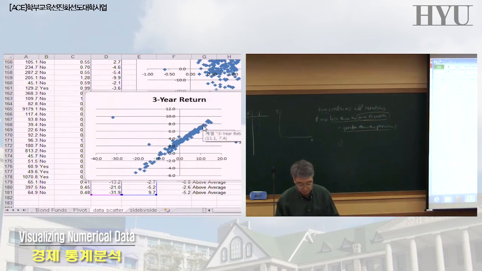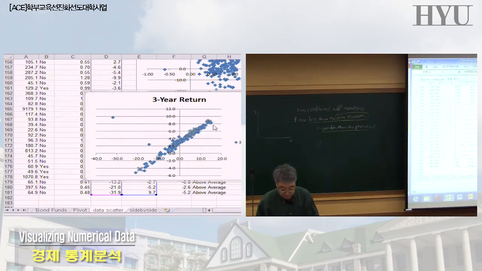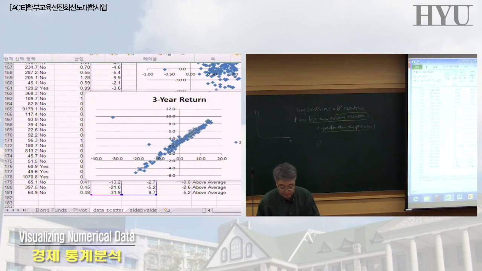You can right click here. Right, you don't have to right click here. Once you click here, you see these chart tools and choose layout and click trend line option. Here, trend line, okay, and linear trend line.